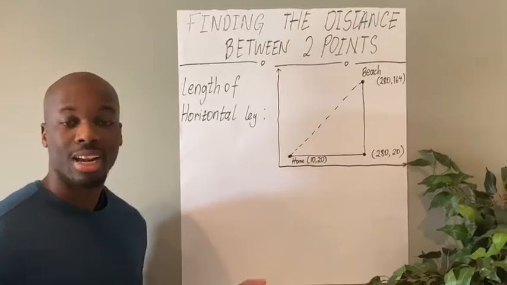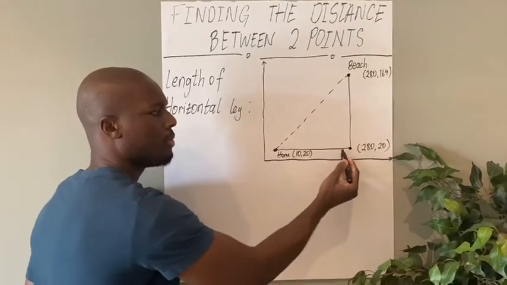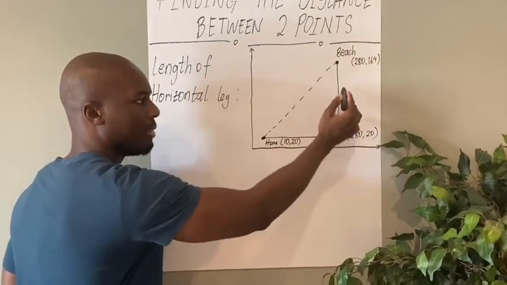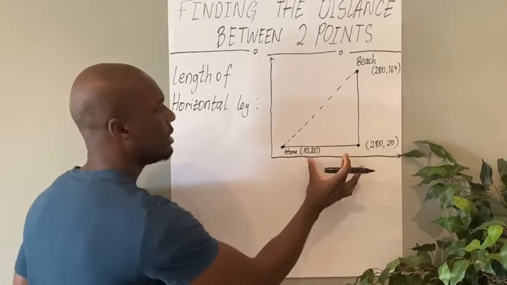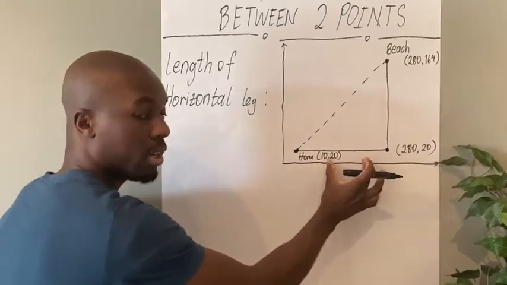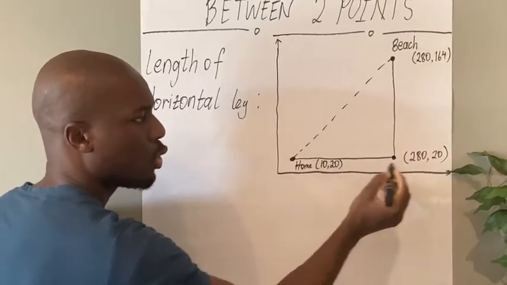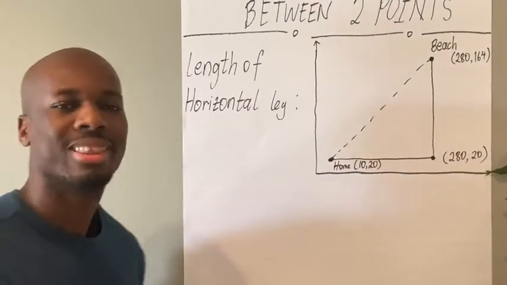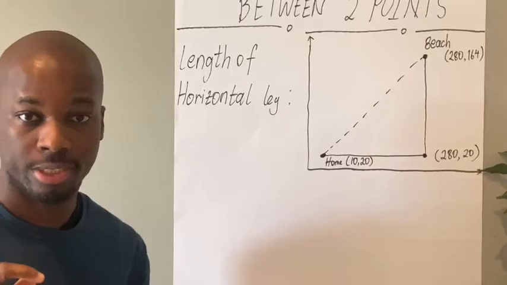So we want to find the lengths of these legs. I'm going to call this the length of the horizontal leg and the length of the vertical leg. To find the length of the horizontal leg, this is how we do it. Since these y coordinates are the same, we're going to find the difference between the x coordinates, right?